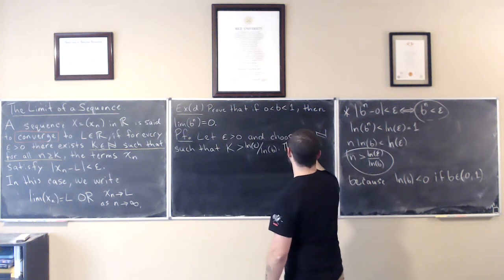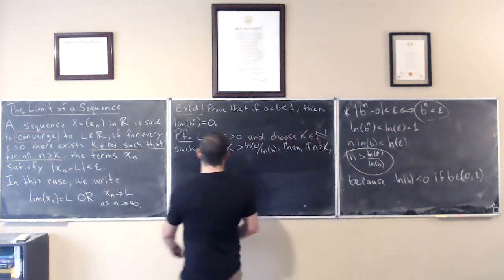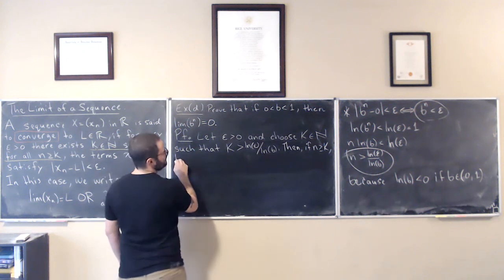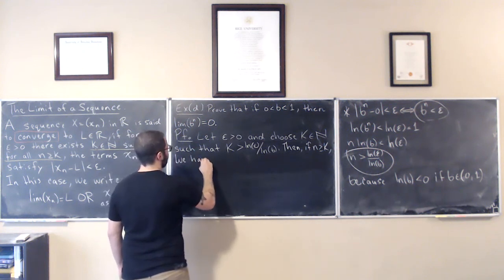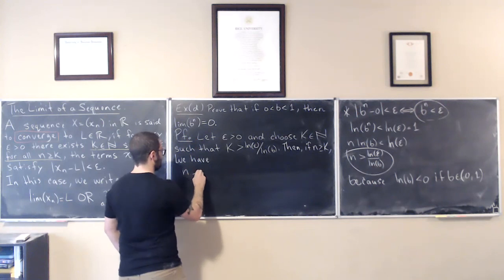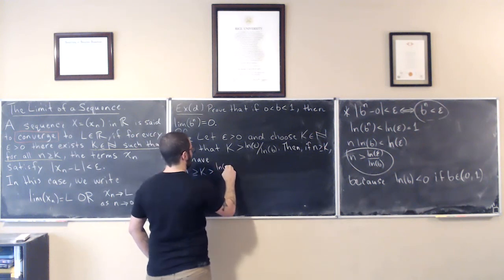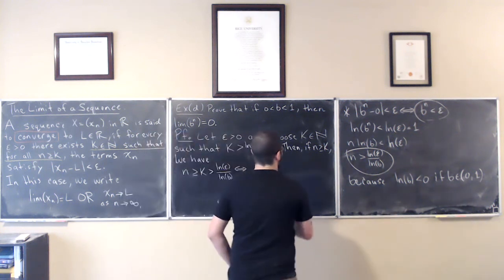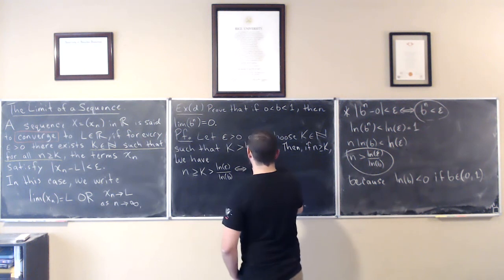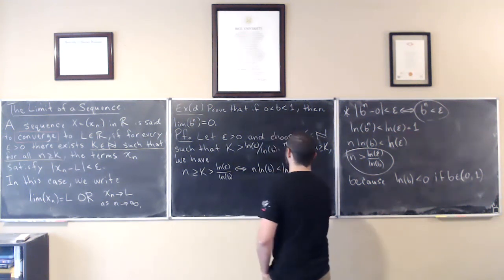Then if n is greater than or equal to k, we have n greater than or equal to k, which is greater than natural log of epsilon over natural log of b, which implies that n natural log of b is less than natural log of epsilon.